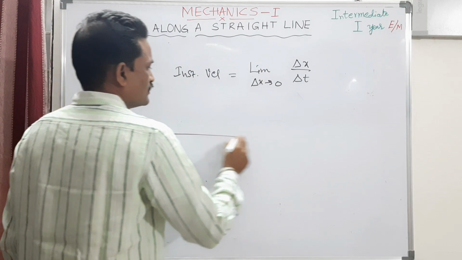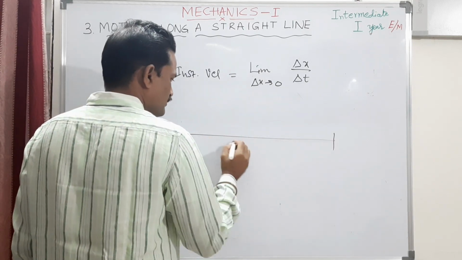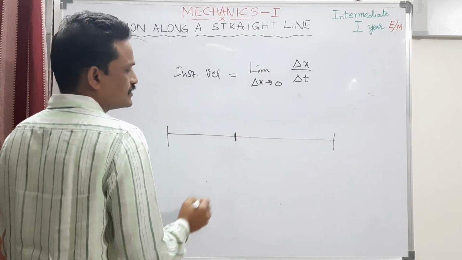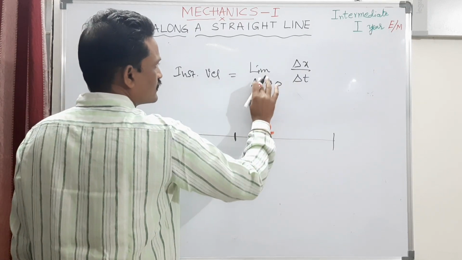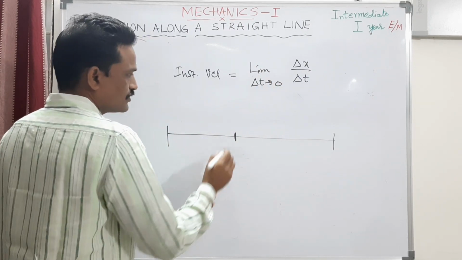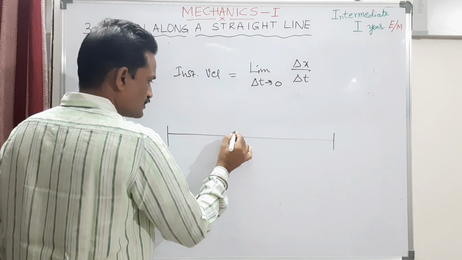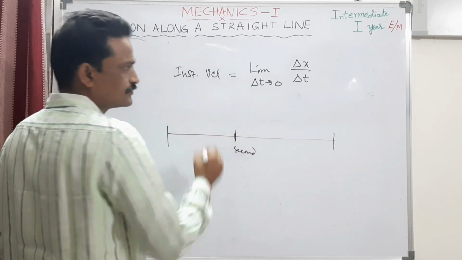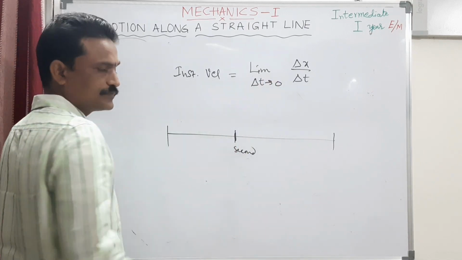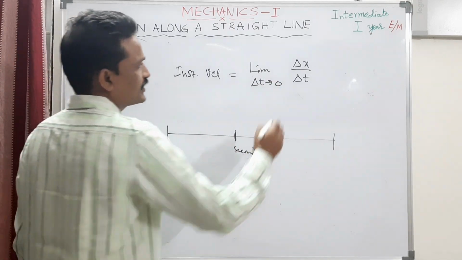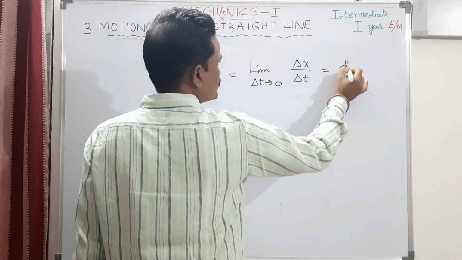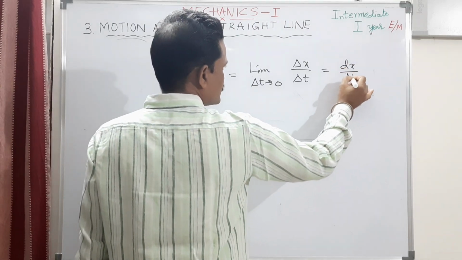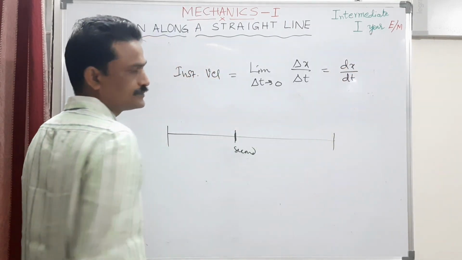That is, your time interval is tending to 0. Your time interval is tending to 0 means you are talking of at a particular second. Not equal to 0, but tending to 0. In mathematics, it is nothing but differentiation. This is called differentiation of x with respect to time.